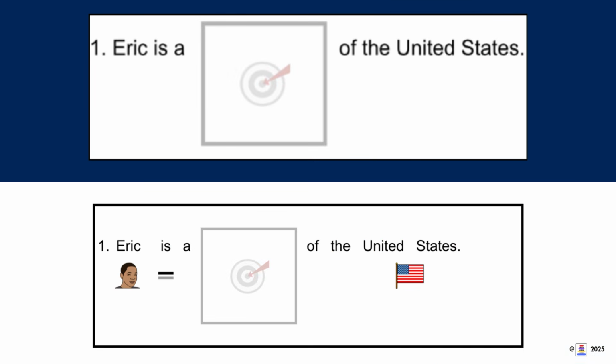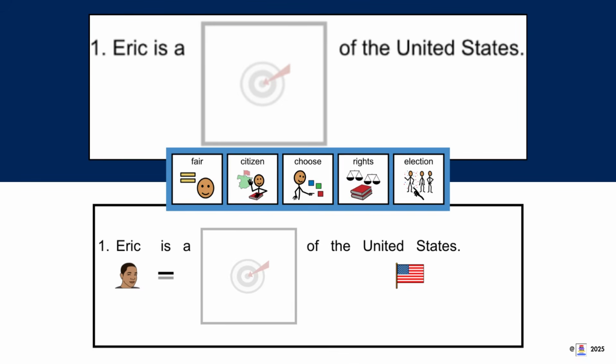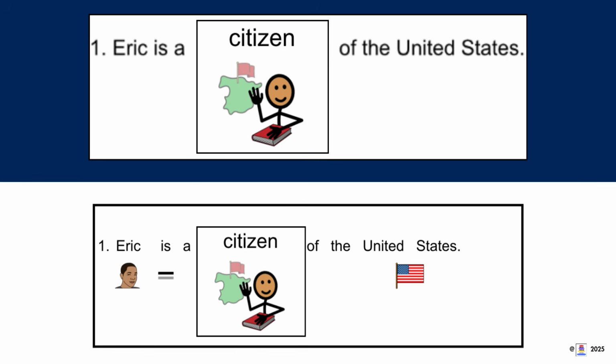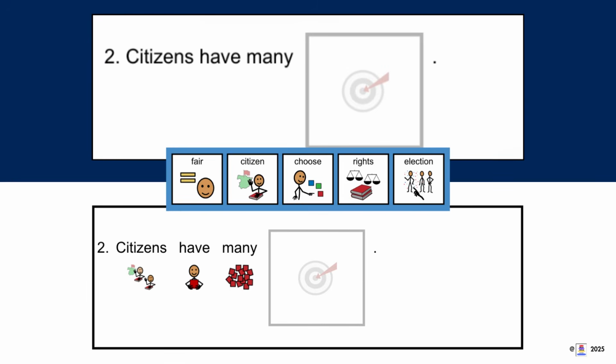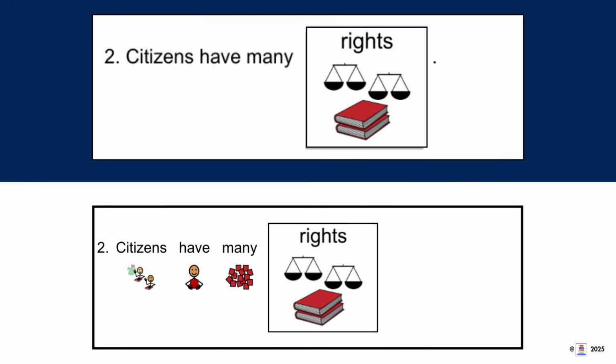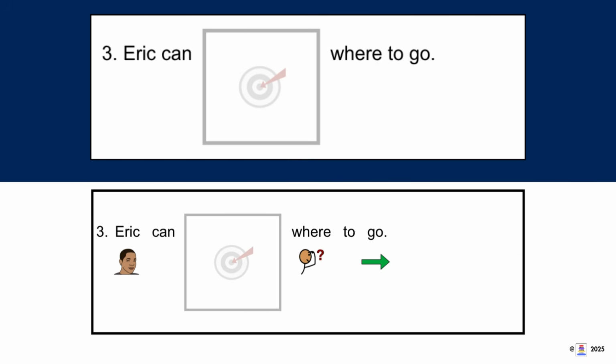Eric is a blank of the United States. Eric is a citizen of the United States. Number 2. Citizens have many blank. Citizens have many rights. Number 3. Eric can blank where to go.